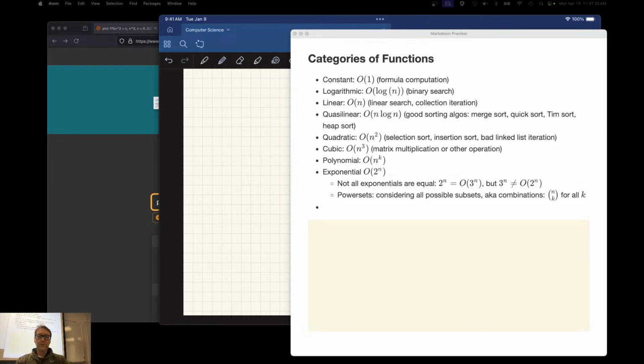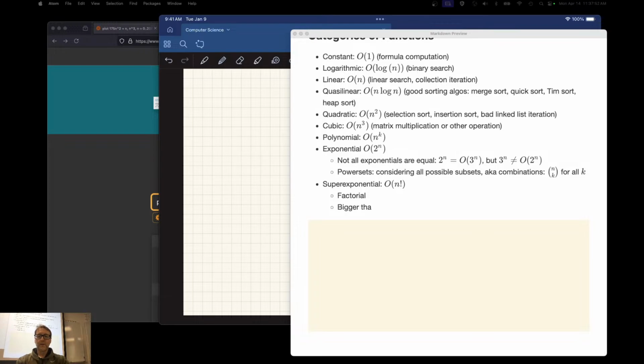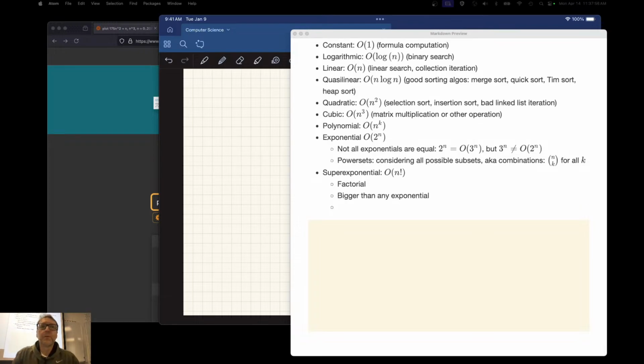Super exponential, say order, what is this guy right here? Factorial. Even bigger than any exponential. Where would this come up from 235 in combinatorics?